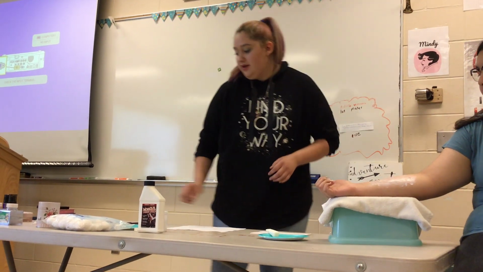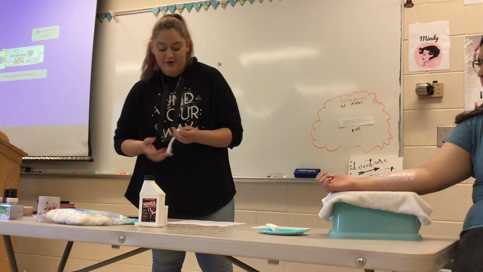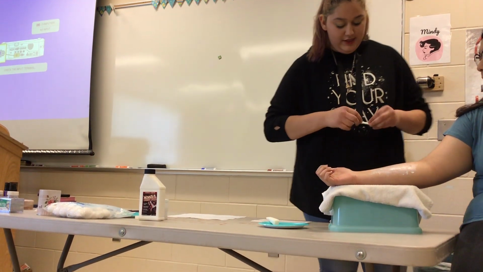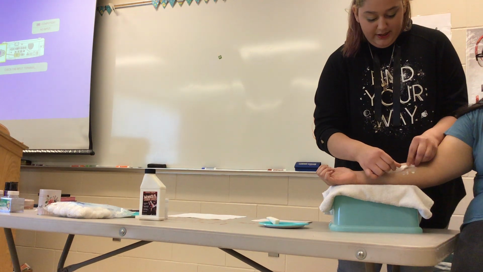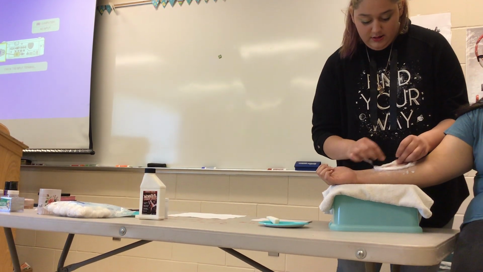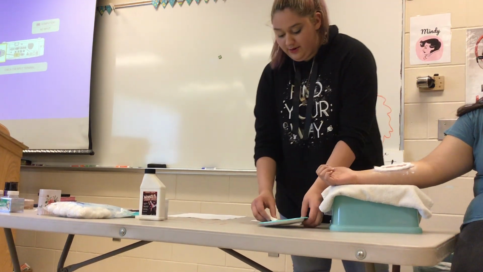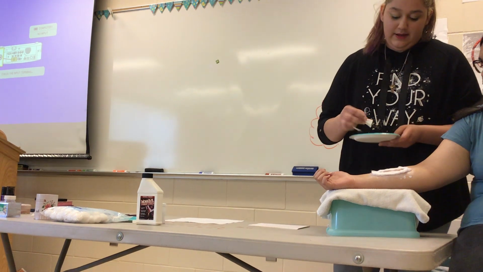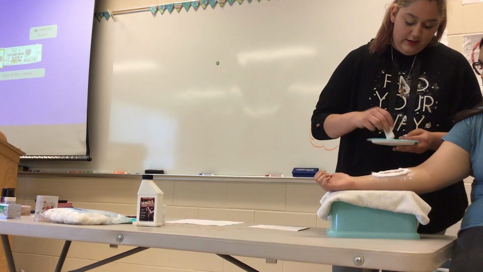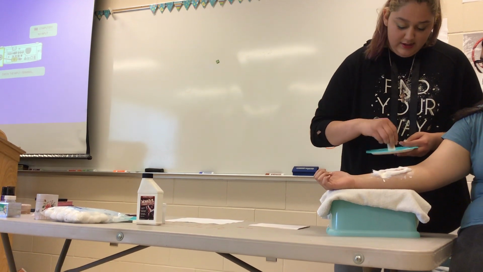So once you do that, you take a cotton ball. I kind of broke mine on purpose so I can do this, and I twist it, and then I just put it around or on the mark that I made all the way around. Then once you have done that, you use your sponge applicator again and put it thickly on the cotton so it starts to stick.